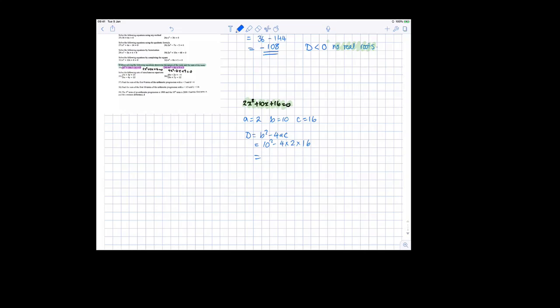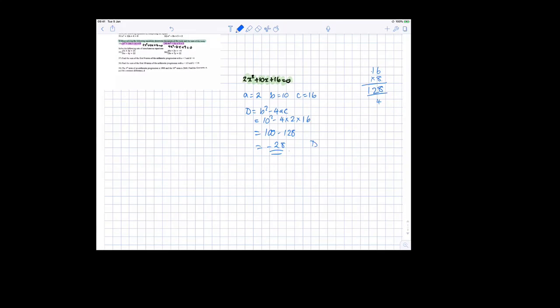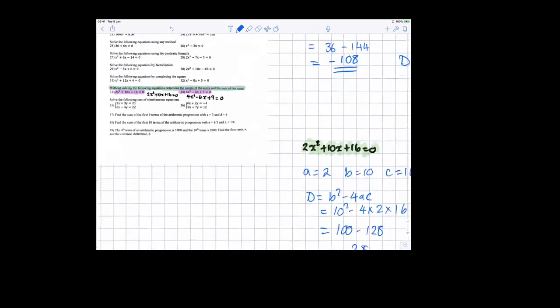So what is 4 times 2? 4 times 2 is 8, then 16 times 8 is 48, carry 4, 12, 128, so it's 100 minus 128, which is minus 28. So again, no real roots because D is less than 0. So no real roots again for this one.